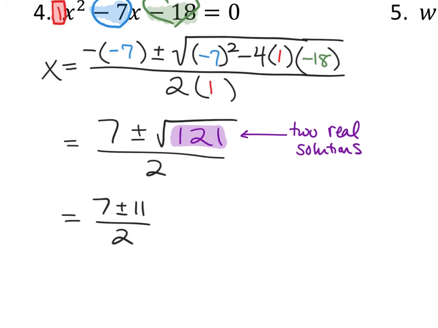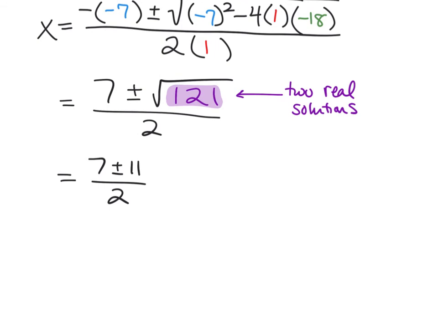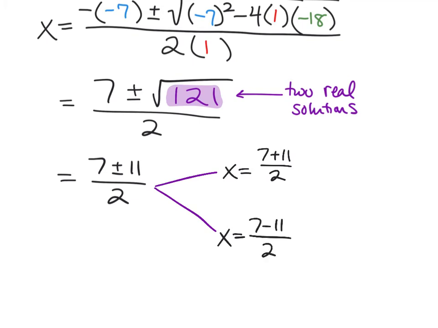Because the symbol says plus or minus, you have to do both plus and minus. So I'm going to split mine like this: x equals 7 plus 11 divided by 2, and x equals 7 minus 11 divided by 2. I had to do both because that symbol says plus or minus.